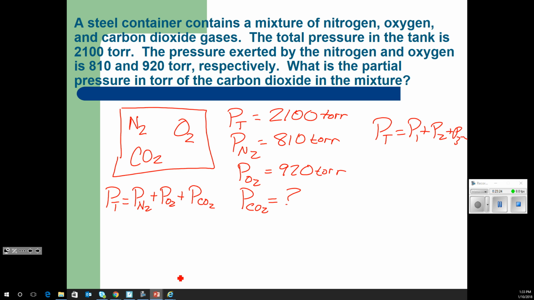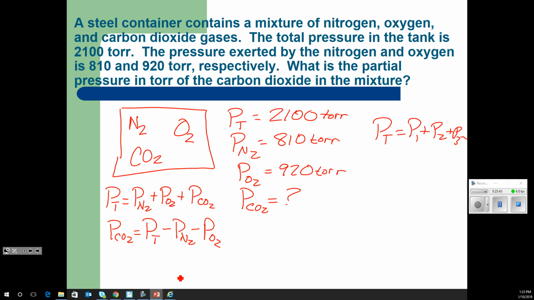Well, I can go ahead and plug those in right there, or I can rearrange it saying I really want the pressure of the CO2 by itself, so I'm going to subtract nitrogen and oxygen from that side and put it on the other. So pressure total minus pressure of the nitrogen minus the pressure of the oxygen would give me the pressure of the CO2.